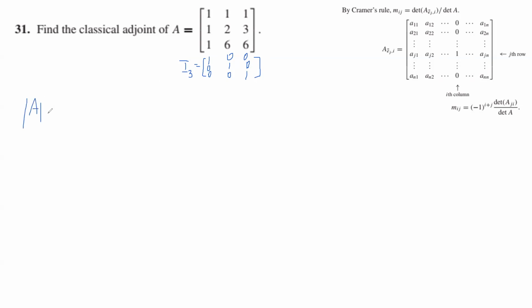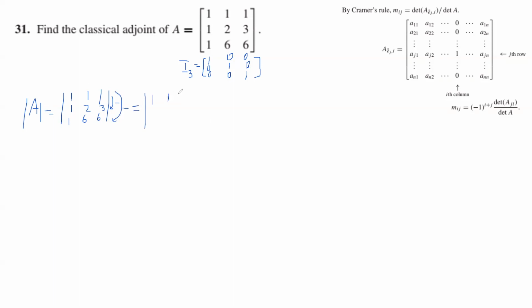The determinant of A, we usually do this, otherwise, if we don't check the determinant and it is equal to 0, we cannot find the inverse matrix because there is nothing to divide by. To calculate this, we will subtract the first row from the second and the third rows.